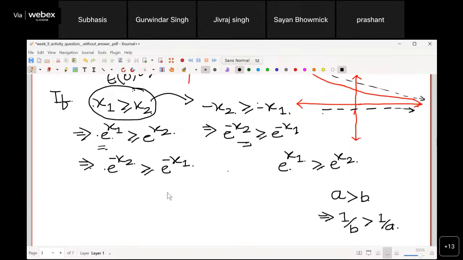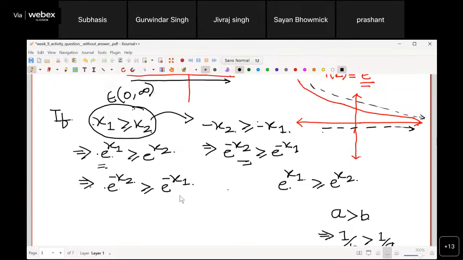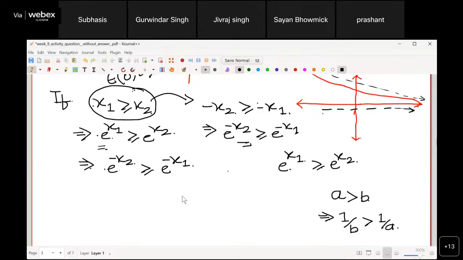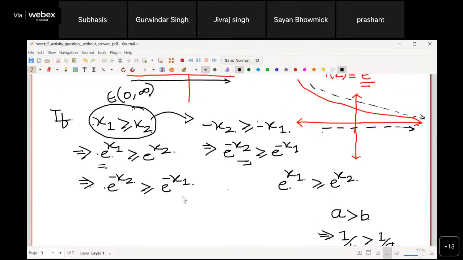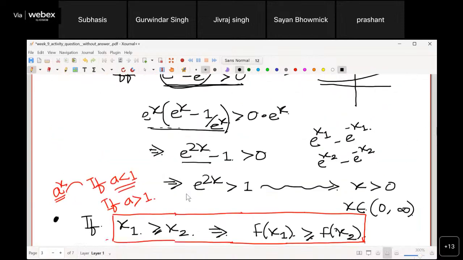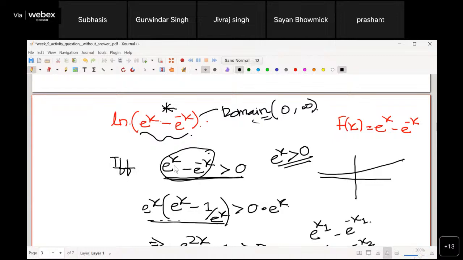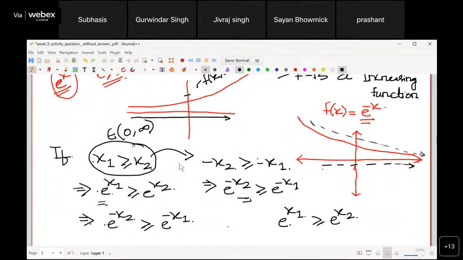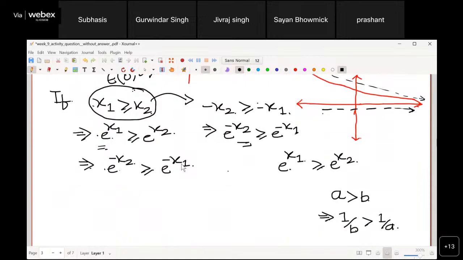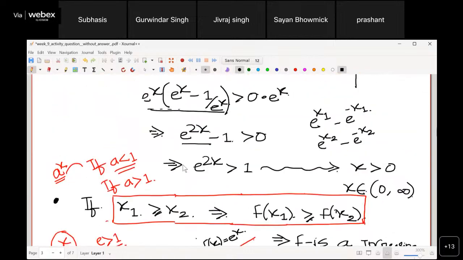And what I want to do is bring this thing over here: e power x minus e power minus x, right? This somehow I want to bring. Yes, that is what I'm thinking.